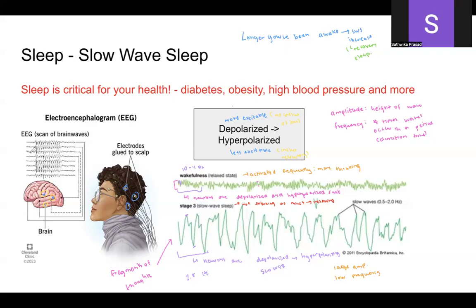And another part of that, in conjunction actually, is that more time spent sleeping decreases your SWS.